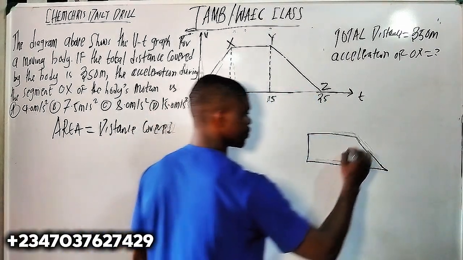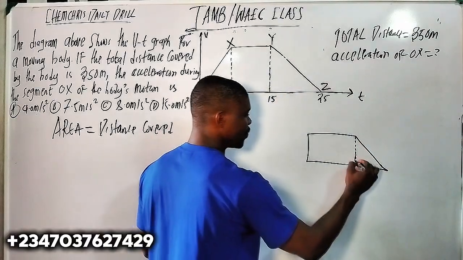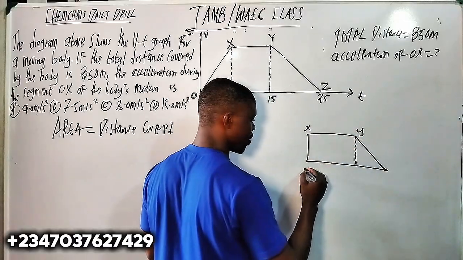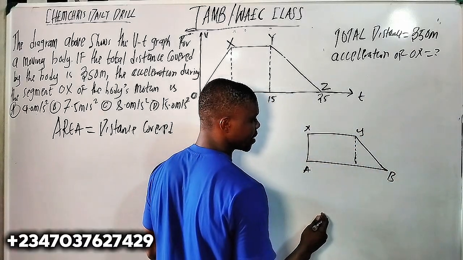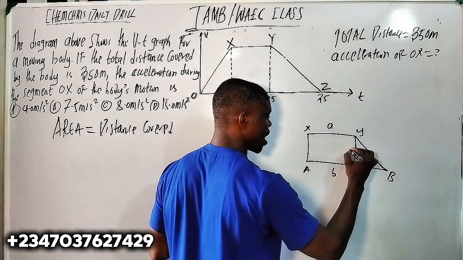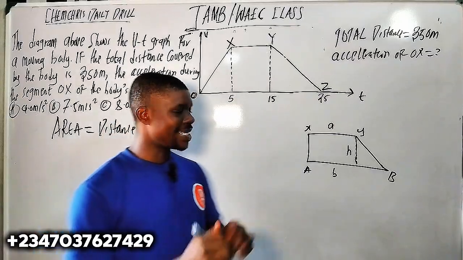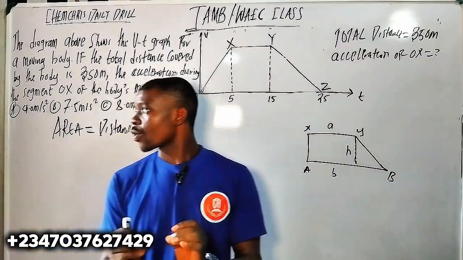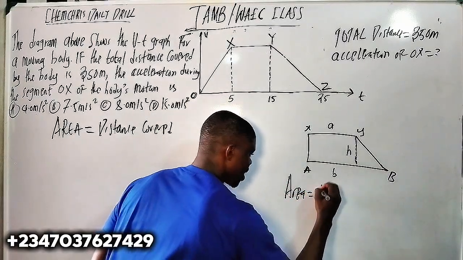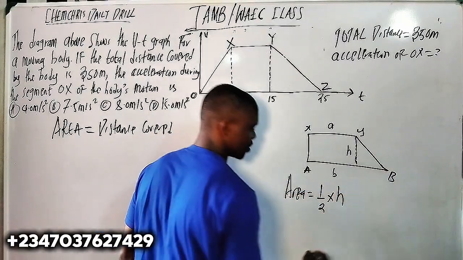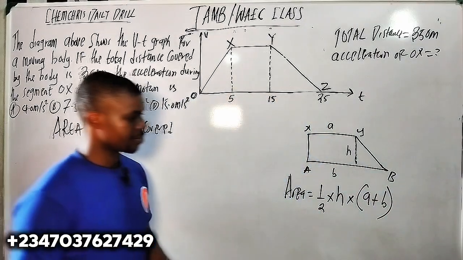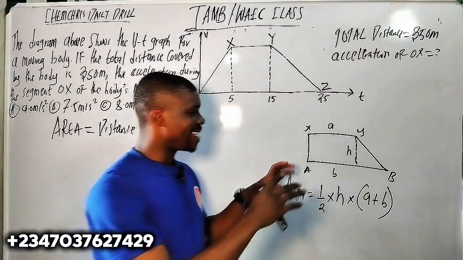Here we have X, Y, and here we have A, B. These are our two parallel sides, A and B, and here we have our height. Please pay close attention: the area of a trapezium is half times the height times A plus B.